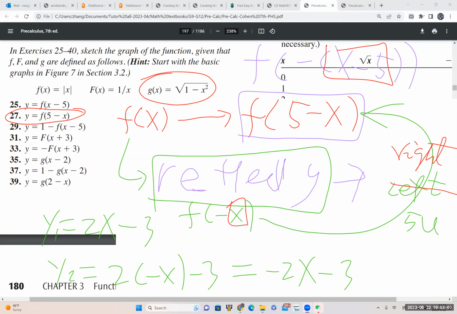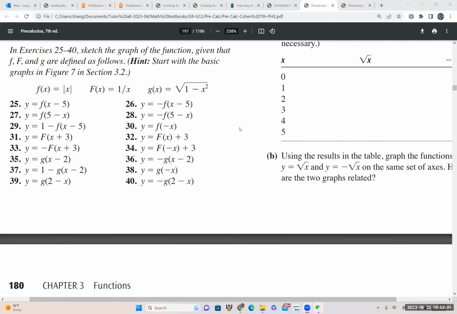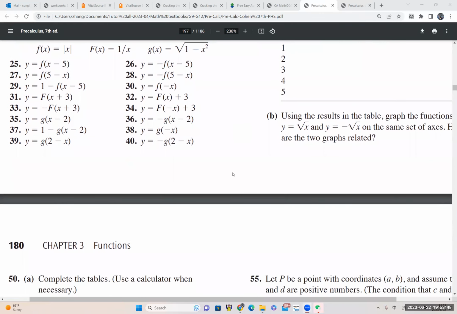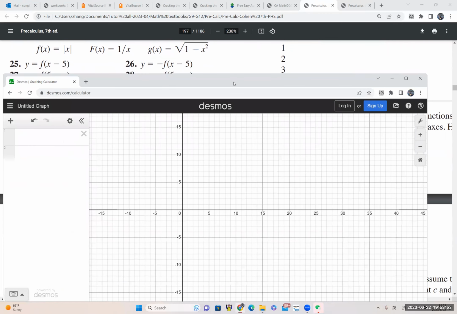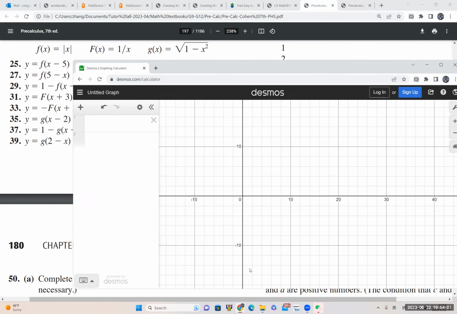Let me find the decimals, and we try it. Make sure we say 27. 27, okay.